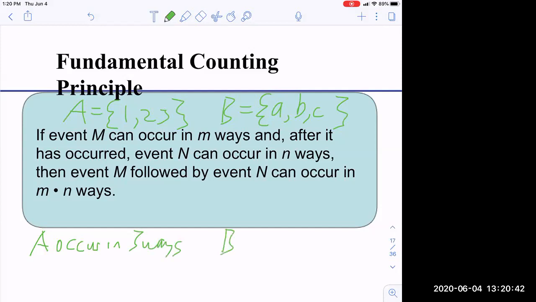Same thing with B. B can occur 3 ways. So the total number of ways these could be aligned is 3 times M. 3 times 3 is 9 ways. M times N.